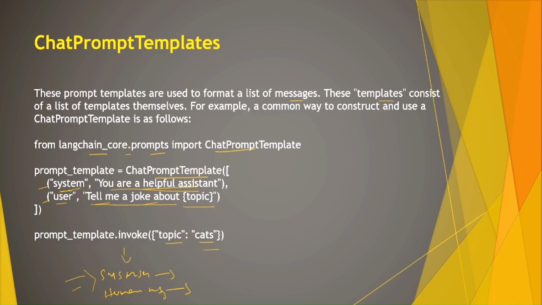So as a human being, you are giving a normal prompt to ChatGPT, but in the backend, when you tell it to act as an SEO writer, that automatically gets converted to a system message: you act as an SEO writer. And your request to write a blog on AI becomes a human message.